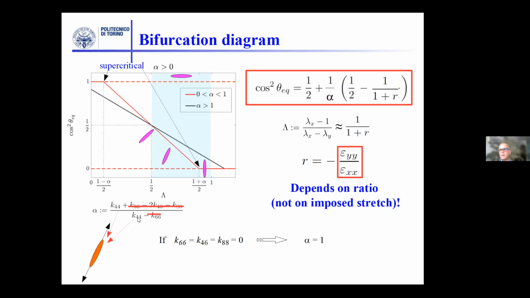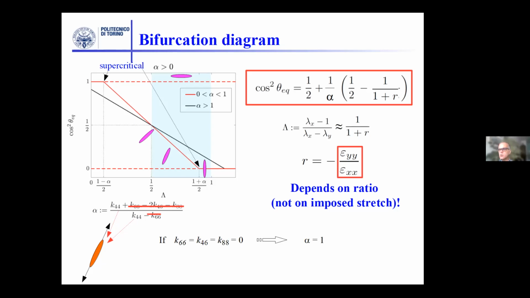Now, of course, the situation depends on a lot of parameters. Let's see what is the minimal number of parameters needed to describe the experiment. Assume that in the model you consider only the stiffness along the stress fiber, that is, you only have K44, and you forget about the others. If you do that, you find that alpha is equal to 1.